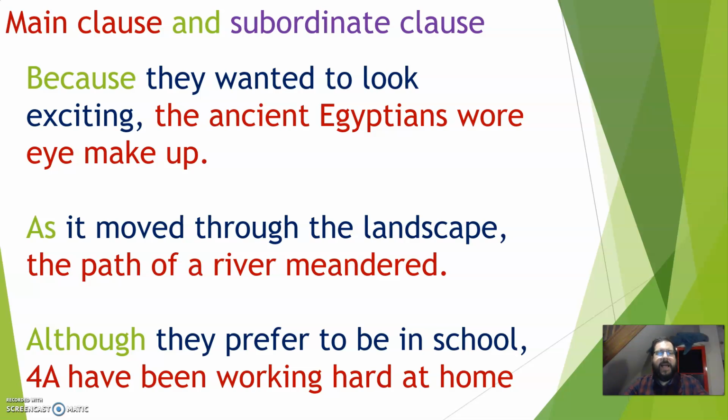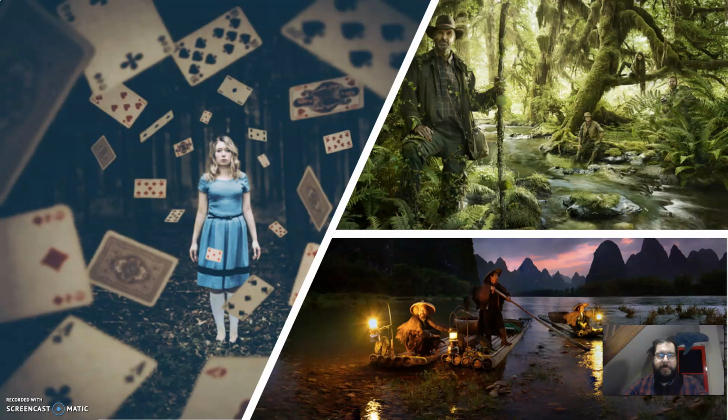Again, the second sentence, as it moved through the landscape, comma, the path of the river meandered. Although they prefer to be in school, comma, 4A have been working hard at home. So this allows us to chop and change our sentences around, makes it more interesting for the reader, and allows us to change our sentences to make them much more exciting by putting either the subordinate clause at the end, or we can put the subordinate clause at the beginning with the subordinating conjunction right in front of it.